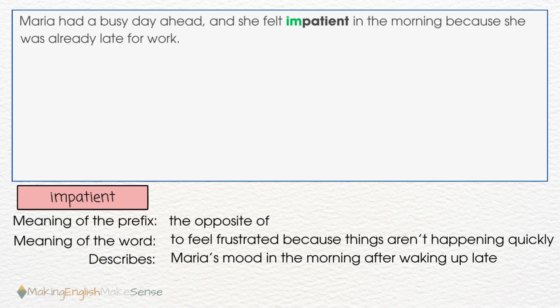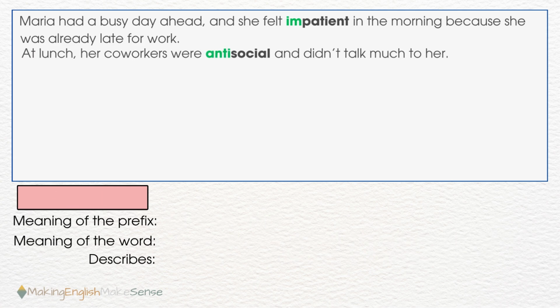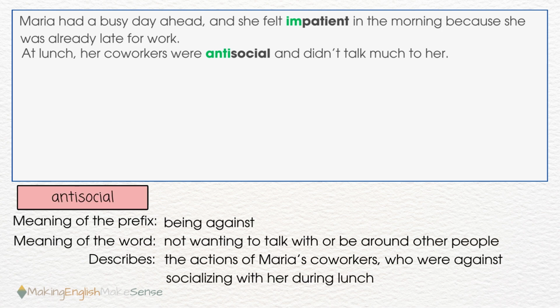In the paragraph, the word impatient was used because Maria was feeling frustrated that she couldn't get ready and get to work more quickly. The next sentence contains the word antisocial, which has the prefix anti, meaning being against.